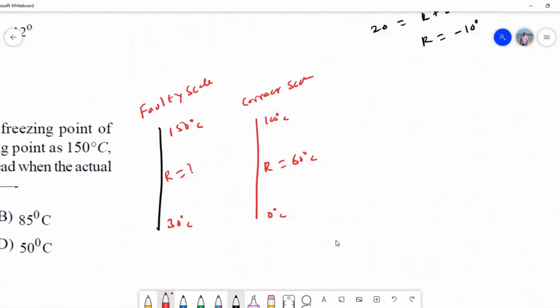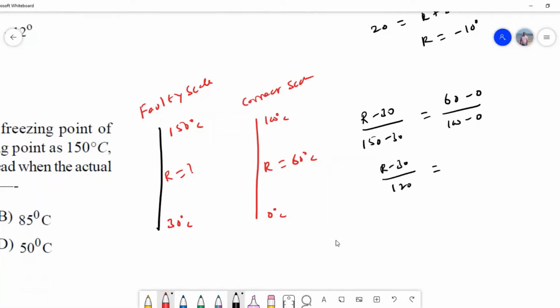The procedure is the same everywhere. So reading minus 30 over 150 minus 30 is equal to reading minus 0 upon 100 minus 0. So this is nothing but R minus 30 by 120 is equal to 60 by 100.